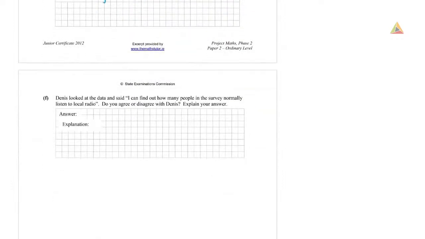For part F then, Dennis looked at the data and said, I can find out how many people in the survey normally listen to local radio. Do you agree or disagree with Dennis? Explain your answer. So the answer here is that it's no. You disagree with Dennis, and the reason is because some people may not listen to any radio at all. It's a subjective question.